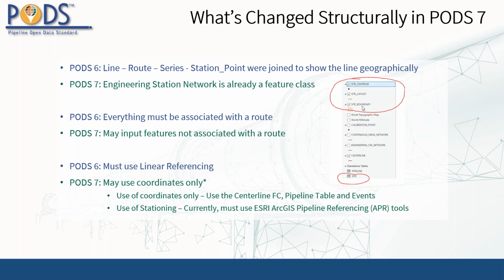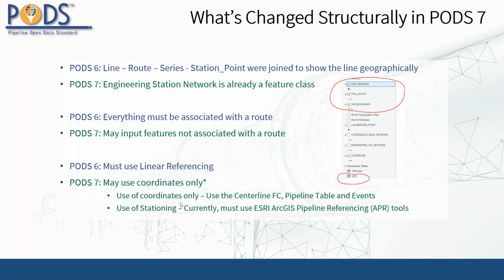You have these site tables where you can put information, and they don't have to be associated with a route. So if you have a meter station, a well pad, or a launcher receiver station where you have to draw the line and put the flanges and all that, you can do that in these site tables and not associate it with the route. So that's a second major change.